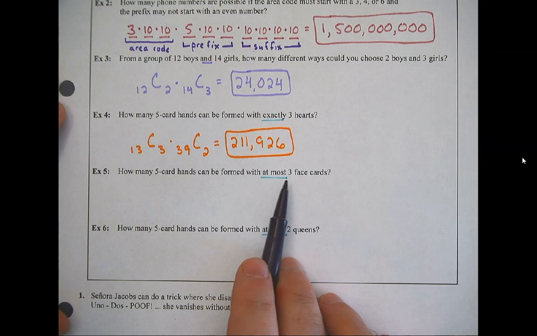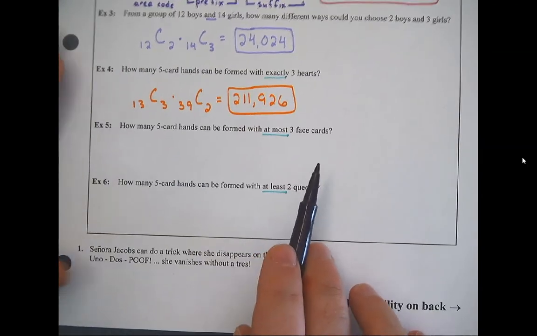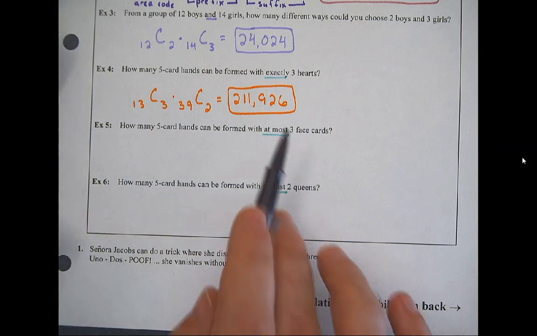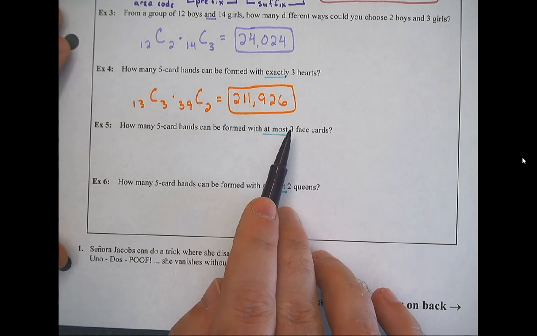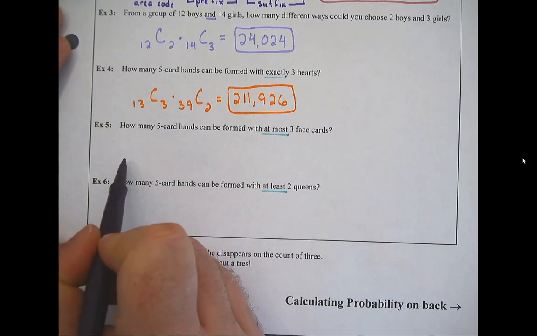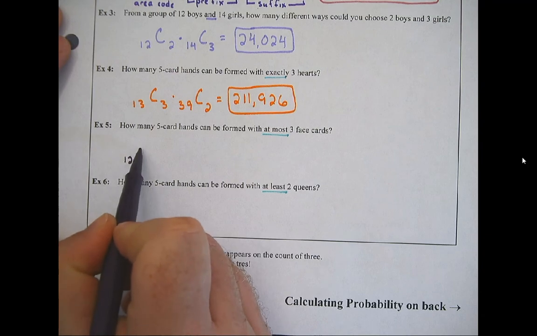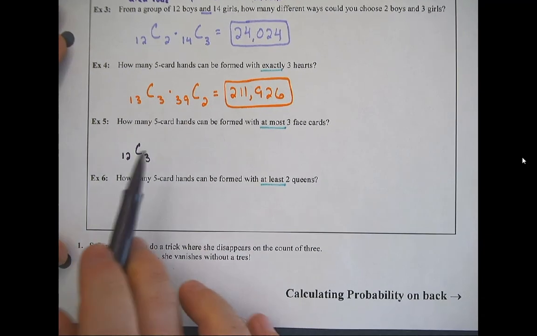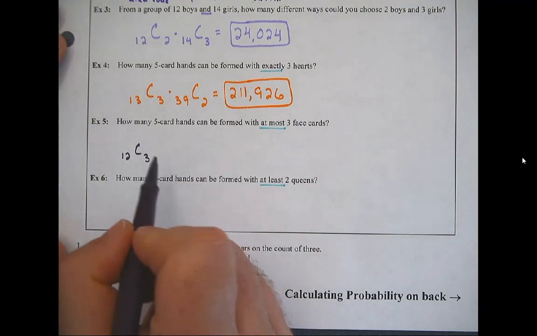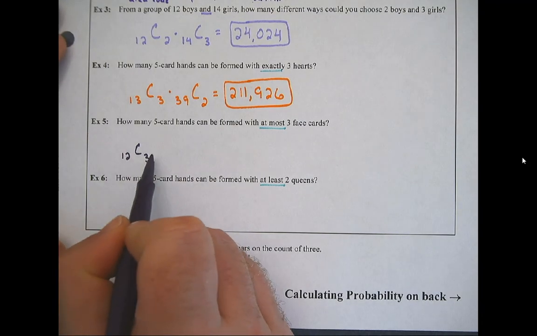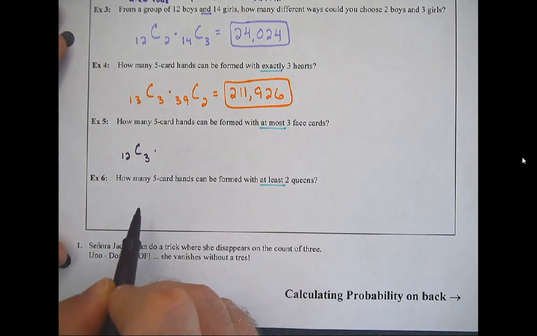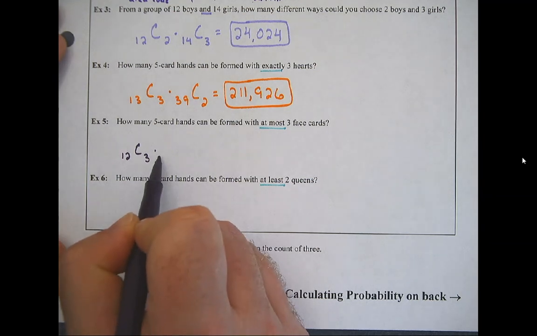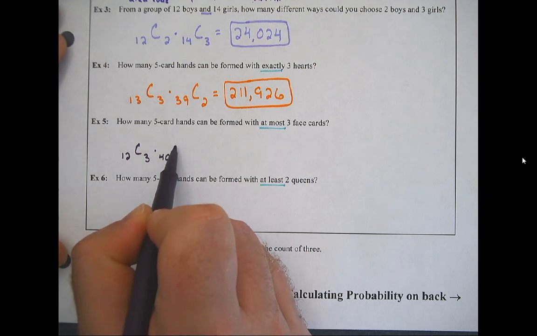We said that at most 3 face cards means you could have 3 face cards. So I'm going to pick 3 face cards. Now, I have to pick them from the group of face cards. So there are 12 face cards. I'm going to choose 3 of them. The problem is I only have 3 cards in my hand, so I have to finish the rest of my hand. I picked these 3 cards, and I have to pick 2 more cards from the group of non-face cards.